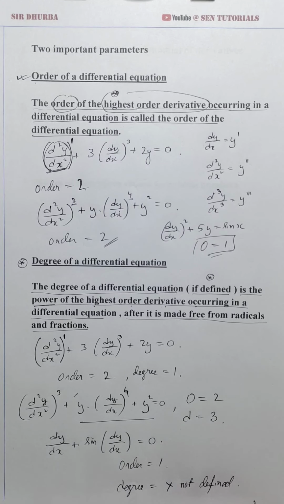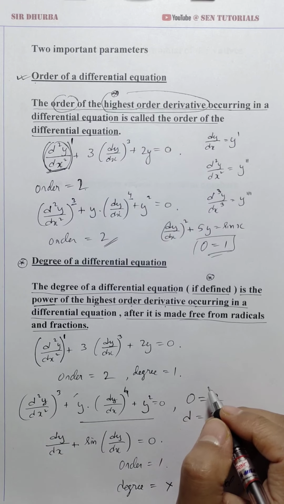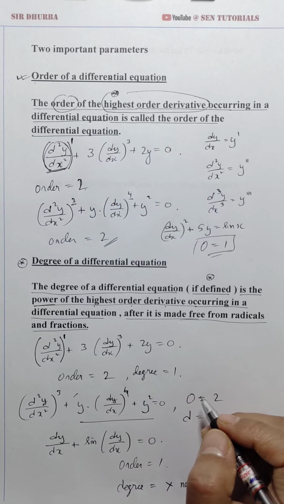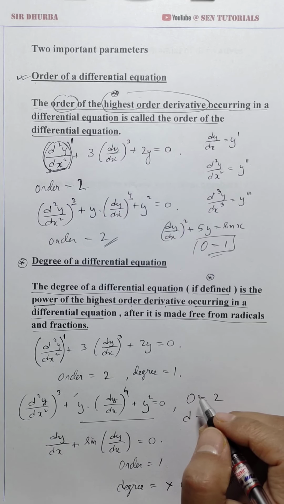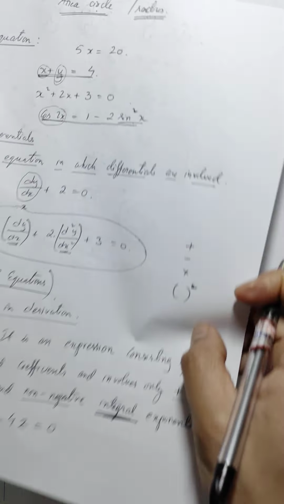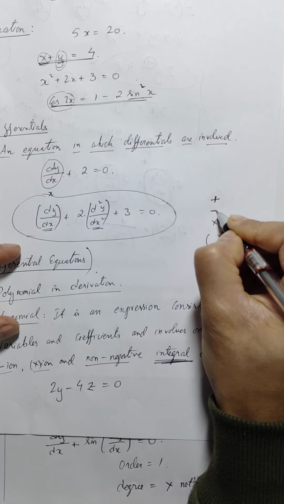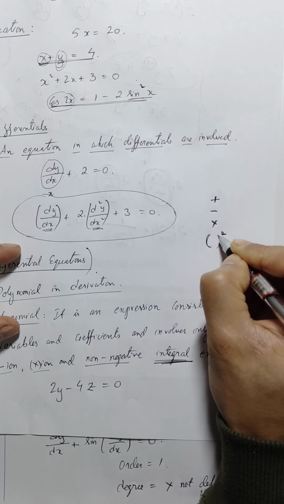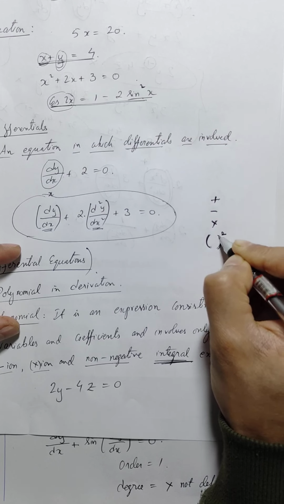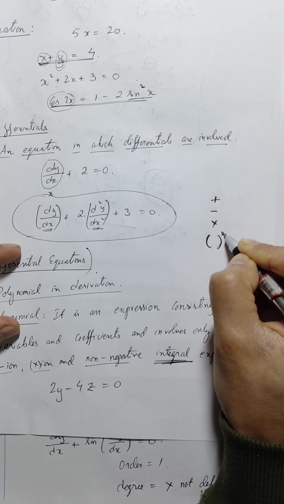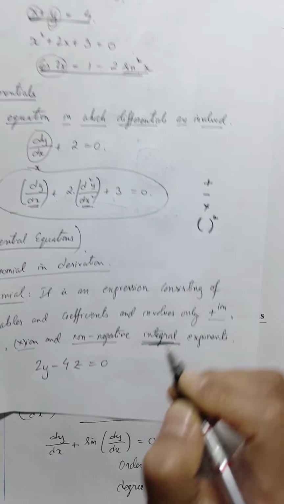Now how? I see differentials. But what did I say here? It should be polynomials in differentials. Now in polynomials, if you remember, what were the operations that we could apply? Addition, subtraction, multiplication, and the power should be non-negative integers. But what do we have here?